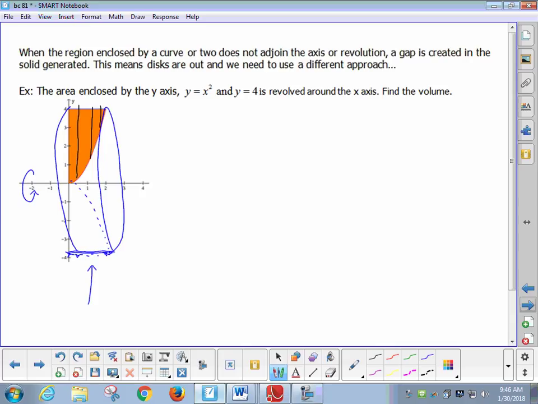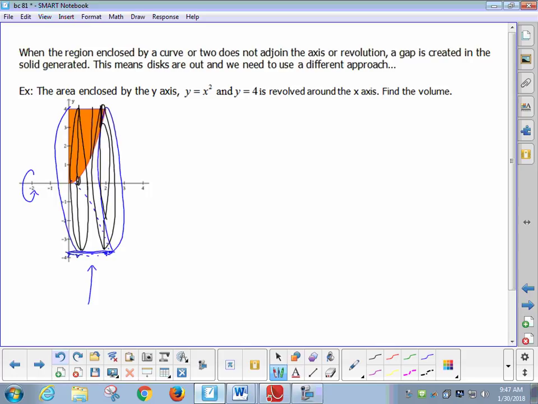If you were to make a few super thin rectangles and then revolve those, this segment revolved would look like that, but then there would be this gap inside. You can see then that the gap would get bigger and bigger and bigger. I wish I would have made this wider.